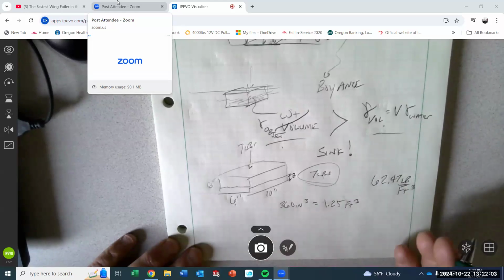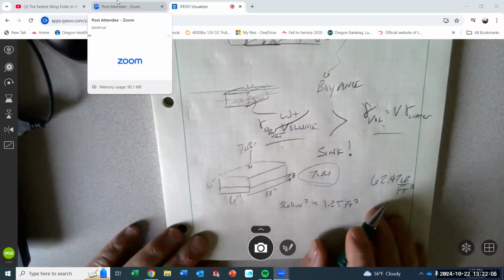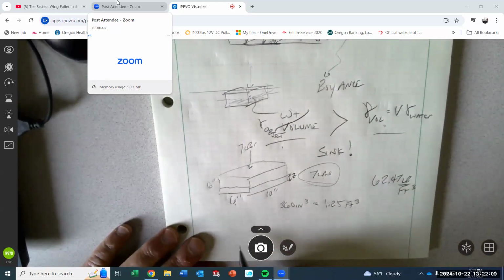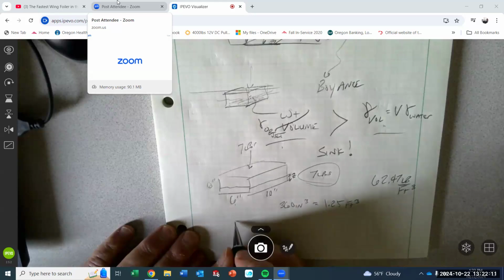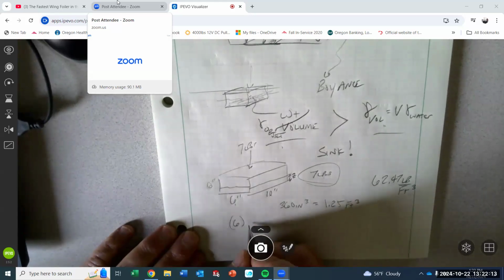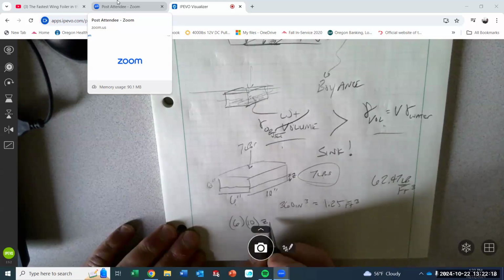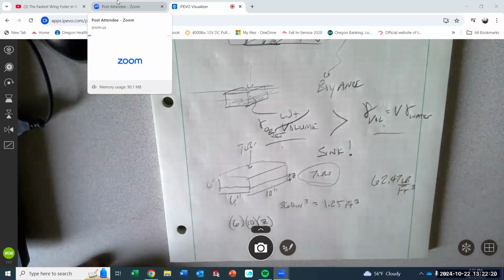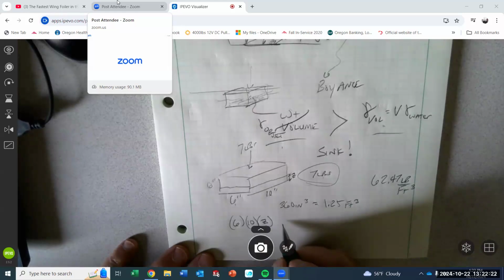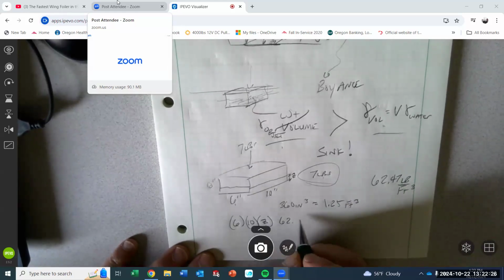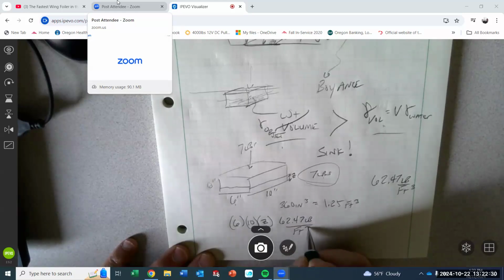So I need to write the formula for water displacement, which is going to be the volume, 6 times 10 times Z, the water line, right? Times the specific weight of water, 62.47 pounds per foot cubed.